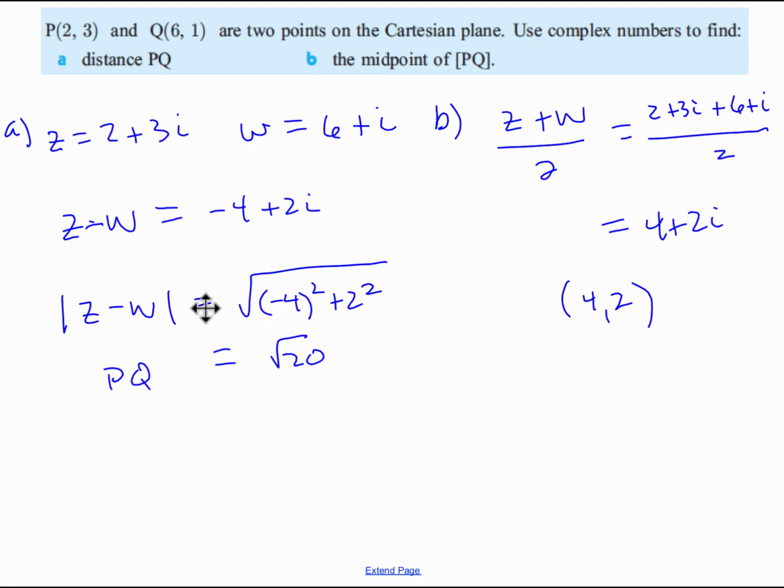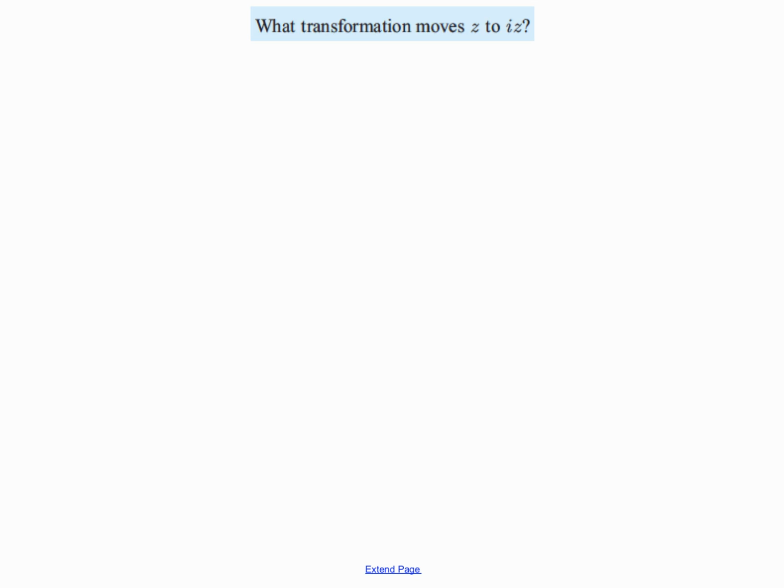So I use those formulas here. The midpoint formula, you just add them and divide by 2, and that is how we ended up with 4 plus 2i, which corresponds to the Cartesian point (4, 2).